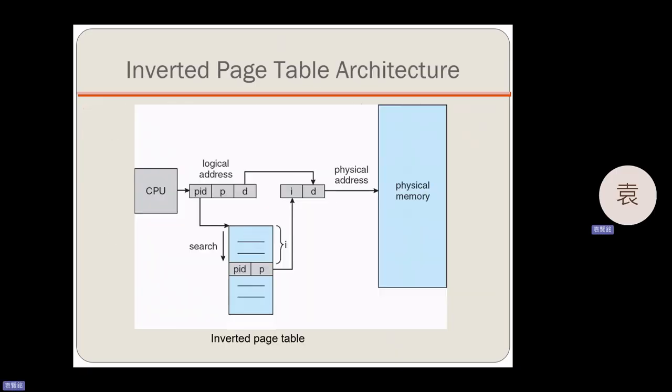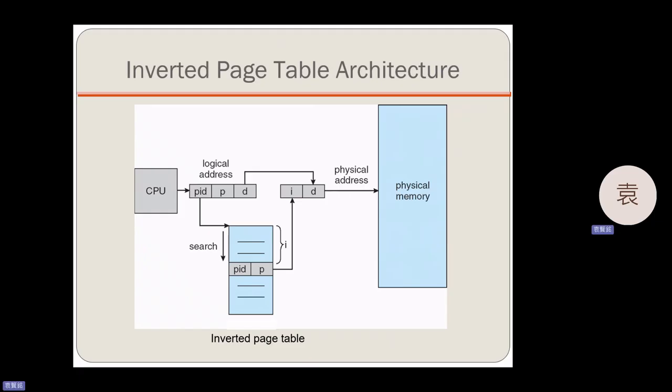For an inverted page table, the CPU generates a logical address containing the page number and PID. We use the PID and page number to search the inverted page table, and the index returned will be the physical frame number, which goes to the physical memory.